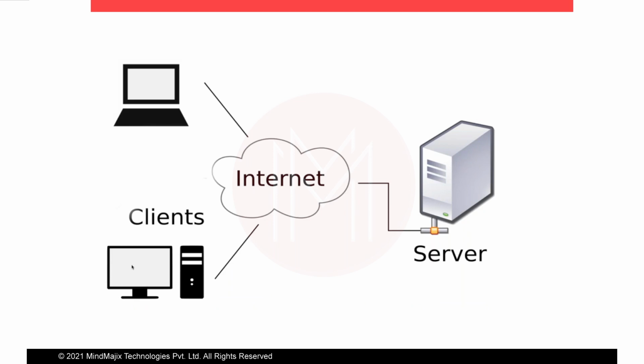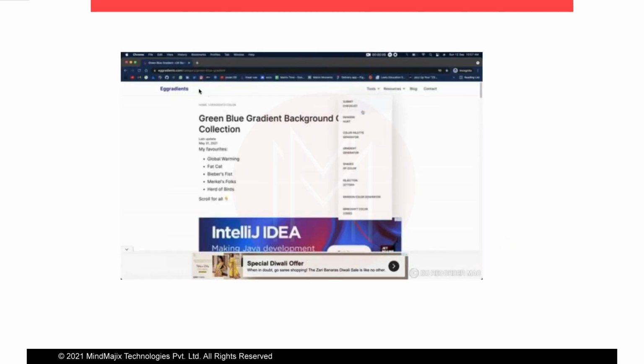Whenever a client or a user accesses the website through the URL, this server will first create HTML, CSS, and JavaScript, and send the documents through the internet to this computer or this mobile. The browser will read the HTML, CSS, and JavaScript and render the document on the screen. That's how the client can access the website. So whenever he visits pages, suppose right now we have a website.